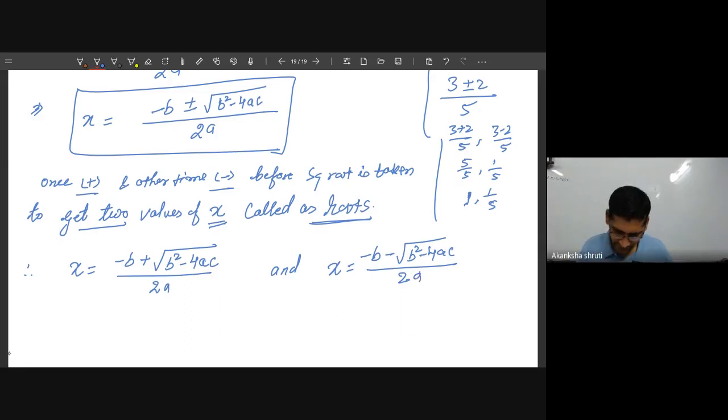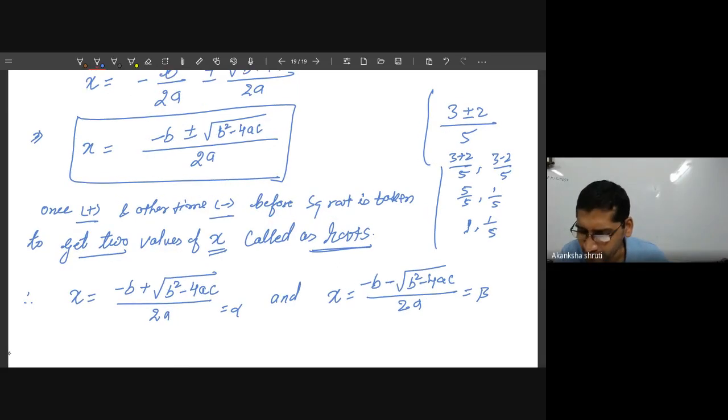Means x will have two values. The value we obtain after simplifying with the positive sign before the square root is denoted by alpha. Whatever value we get with the other sign after simplification is called beta.